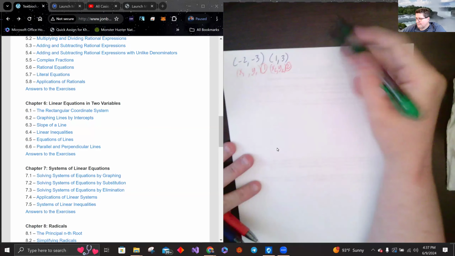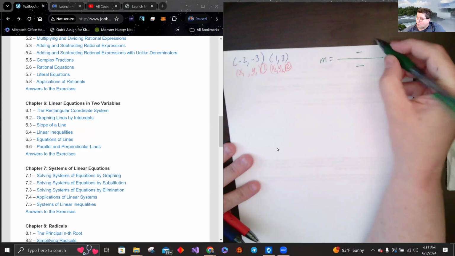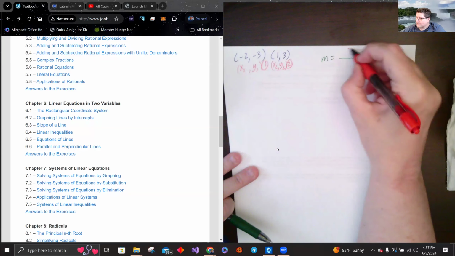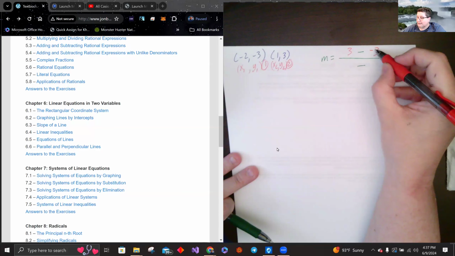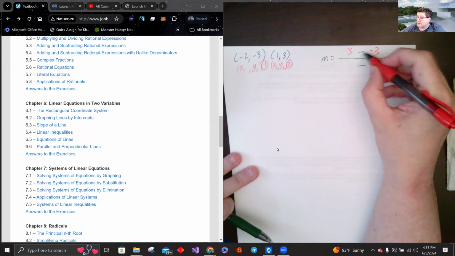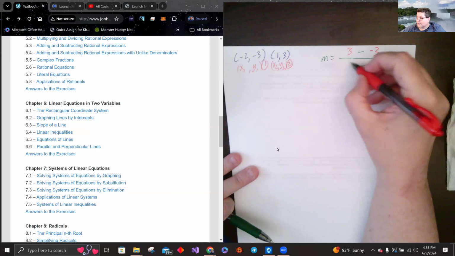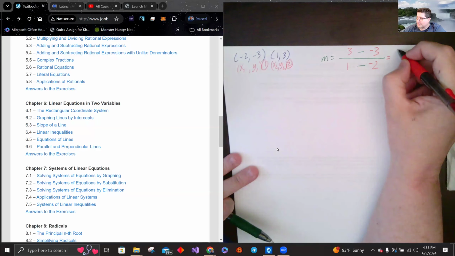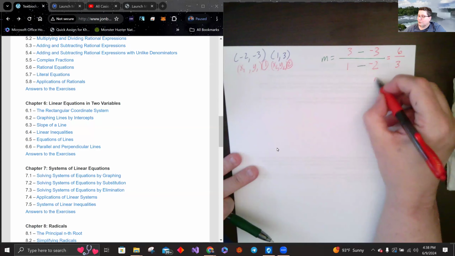So if I plug them in, y2 comes first, and that's the 3. Y1 comes second, is the -3. And the negative is different than the minus sign. And then I do x2 first, and then I do x1 second. This ends up being 3 plus 3, which is 6, over 1 plus 2, which is 3. I get m equals 2 when I do them in that order.